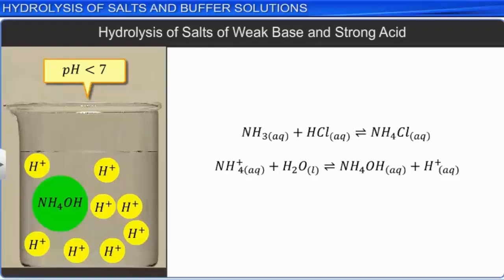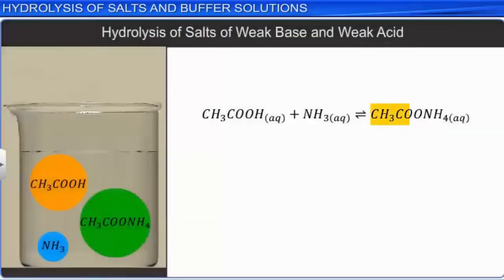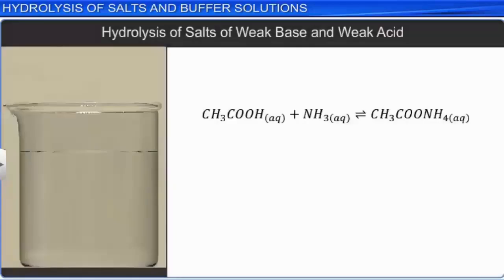Ammonium acetate is a salt of a weak acid, acetic acid, and a weak base, ammonia. As both the acid and the base are weak, their conjugates CH3COO- and NH4+ ions are strong. Hence, both of them undergo hydrolysis in aqueous solution.